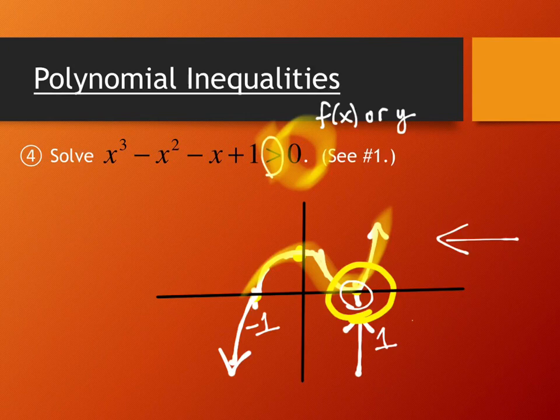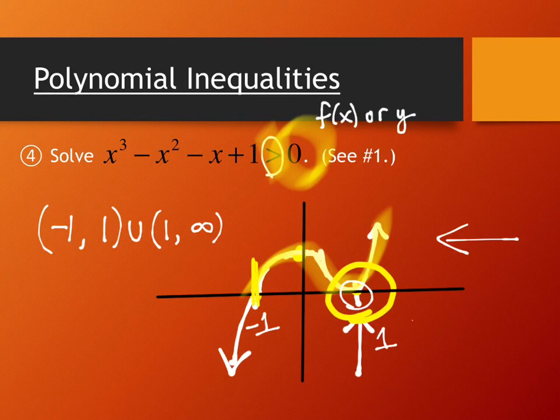So this graph from -1 all the way to +1, I'm above the x-axis. Briefly, at +1, I'm on the x-axis, so I don't get to include it. And I don't get to include the -1 either because I'm on the x-axis. But then from 1 and on, so 1 to infinity, I'm also above the x-axis.